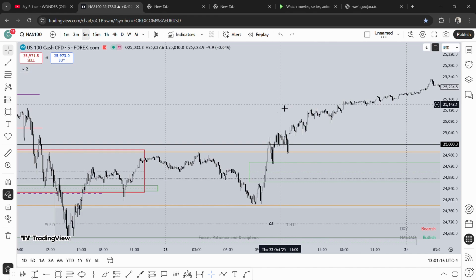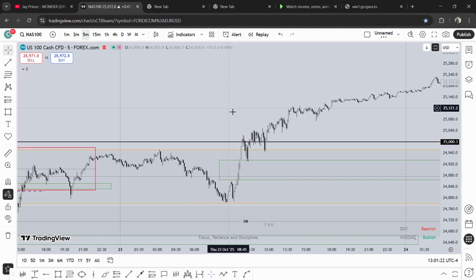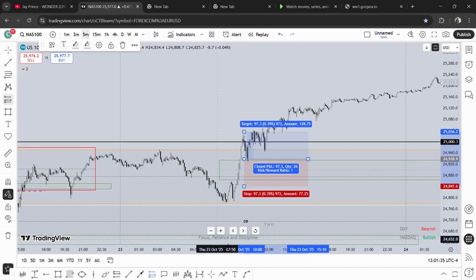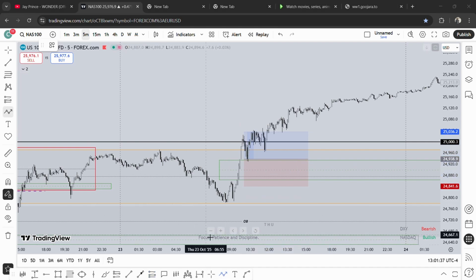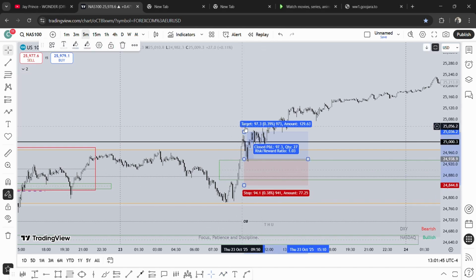Okay, 5-minute time frame. This is where I take most of my entries. This is where I can apply proper entry and exit strategies. So remember this fair value gap over here. That's where my entry was, and then let me just place my stop just beneath this.